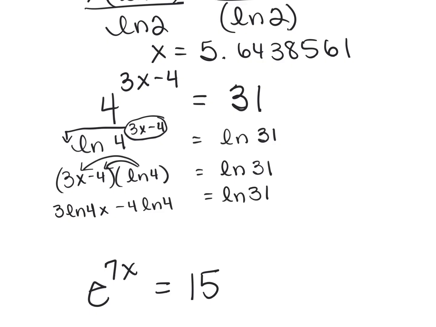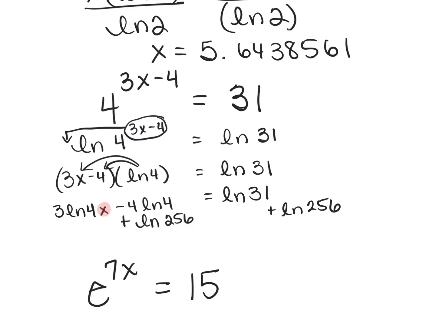So my goal is, of course, to solve for x. So we're trying to get this by itself. So we're going to add 4 natural log of 4, or you can change that into the natural log of 256. Because 4 to the 4th power is 256.